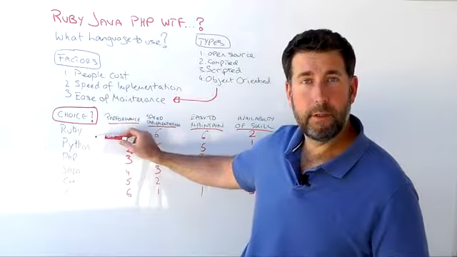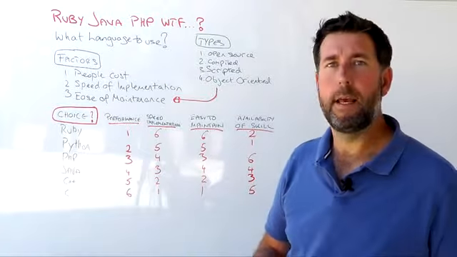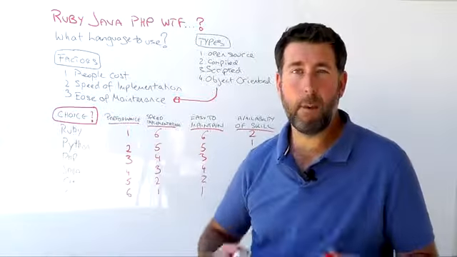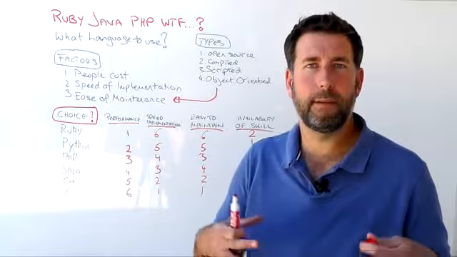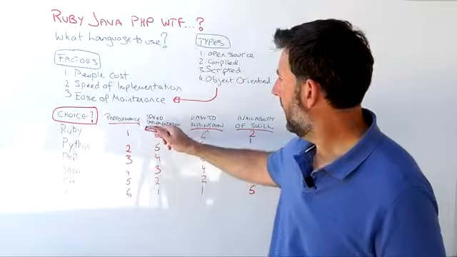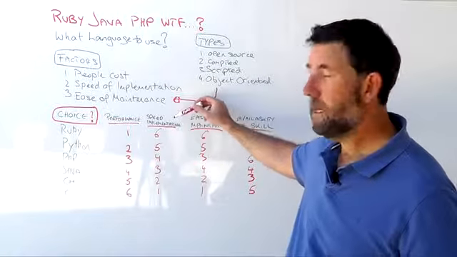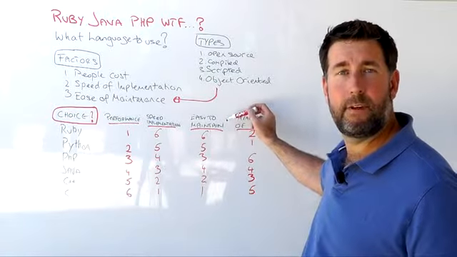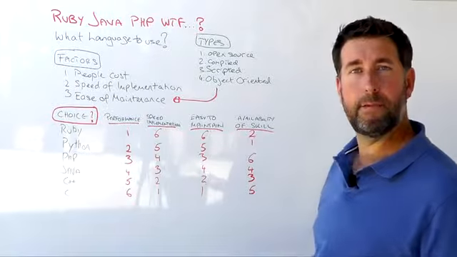The main ones to consider are Ruby, Python, PHP, Java, C++, and C. As a general rule of thumb, C and C++ are more used for real-time applications, like building the shuttle, something that needs to run really, really quickly.